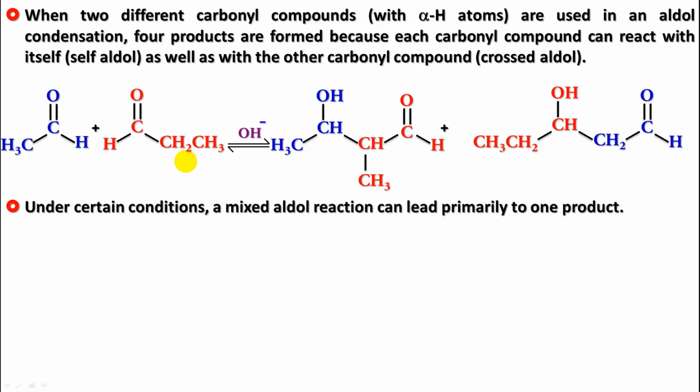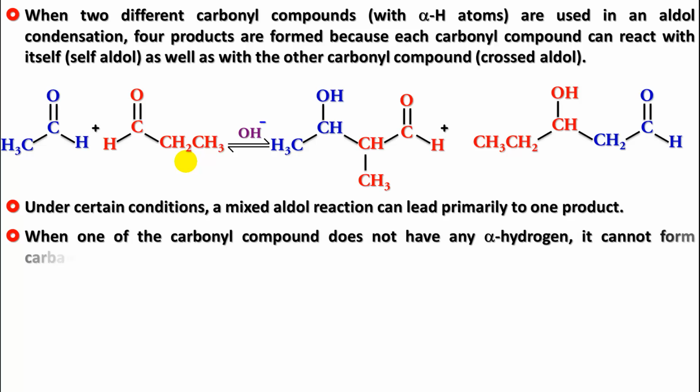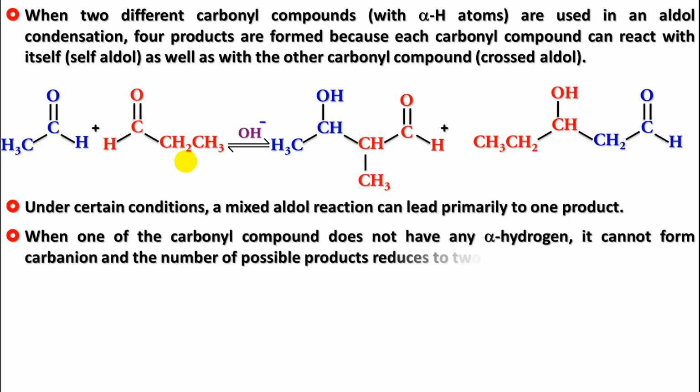One of those is by using one of the aldehydes without the alpha H. Suppose I have aldehyde A and aldehyde B, I have alpha H only on A, but I don't have alpha H on B. Then when I do the cross aldol, I'm going to get the alpha H of A going and that carbon anion attacking the aldehyde B. The reverse is not possible because B does not have an alpha H. So when one of the carbonyl compounds does not have an alpha hydrogen, it cannot form a carbon anion and the number of possible products reduces to 2.